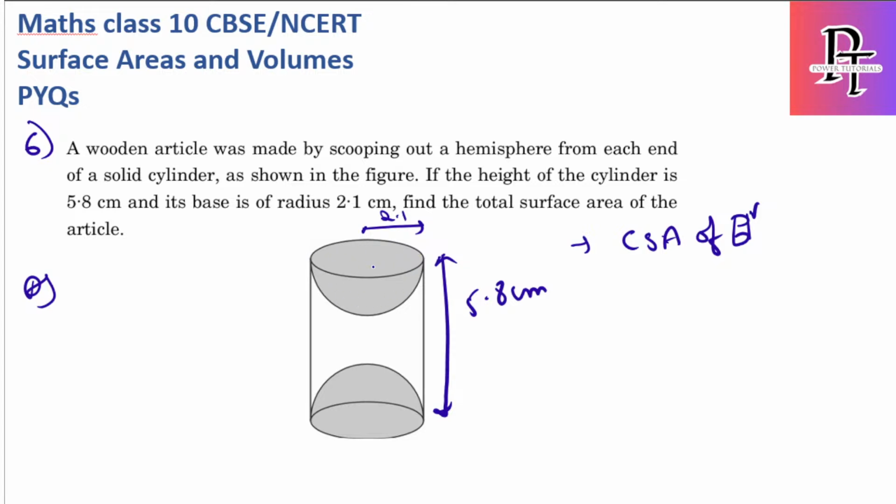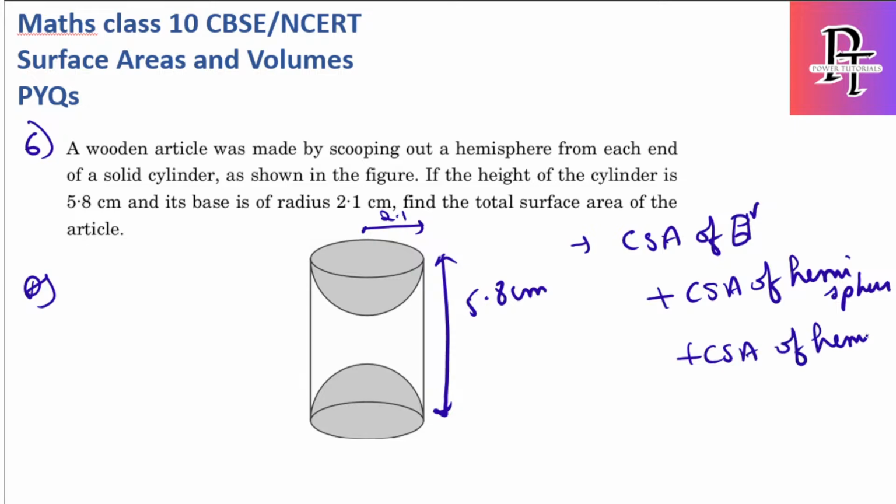Here it is hollow, so no need to think about this. Just see the CSA of this hemisphere plus the CSA of this hemisphere. So it will be CSA of cylinder plus CSA of hemisphere plus CSA of hemisphere.